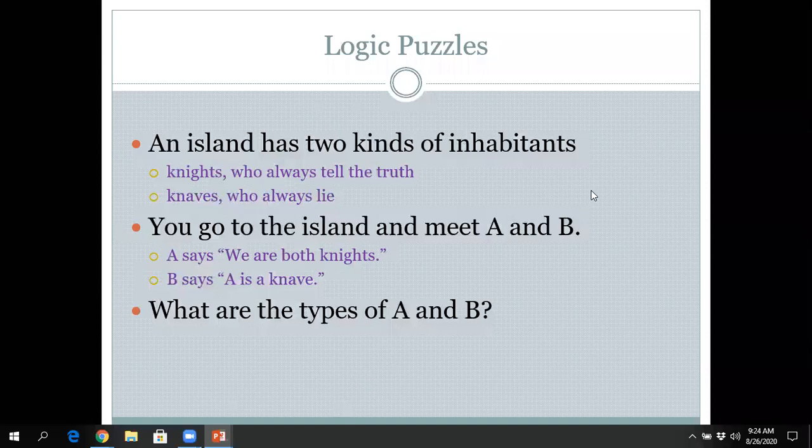What are the 4 situations that we could have? Yeah, Monique. They're both knights. Okay. Both knaves. A is a knight, B is a knave, or A is a knave, B is a knight. Right. So they're either both knights, both knaves, A is a knight and B is a knave, or A is a knave and B is a knight.